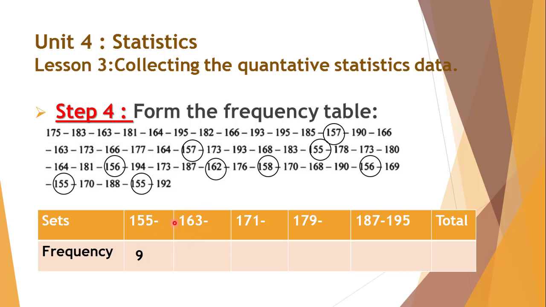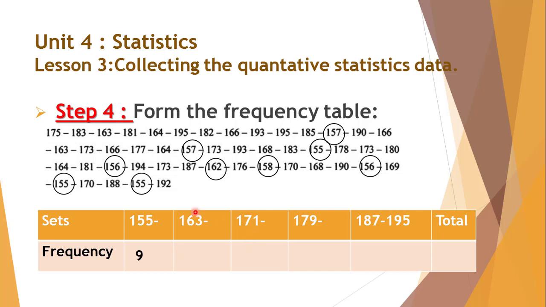Okay, the second set, from 163 to 170, not 171. 163 plus 8 equal 171, but I'll count 171 in the next set. So in this case, we are looking for the numbers 163 to 170. We will take 163 and 170, not 171.